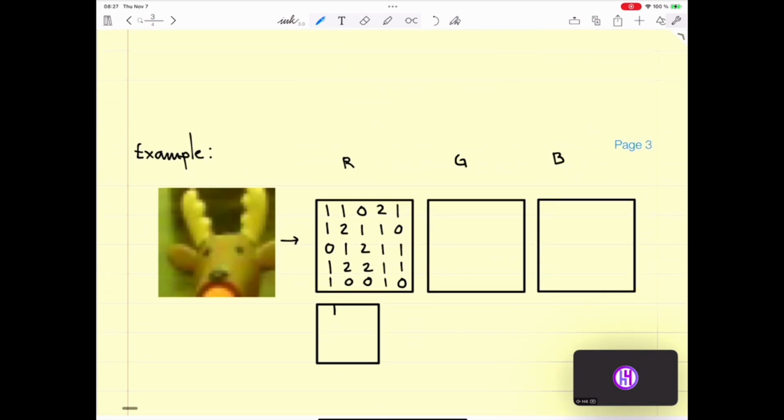So we say it's going to be 0, 0, 4, 0, 0, minus 1, minus 1, minus 1, minus 1. This is our attention kernel.